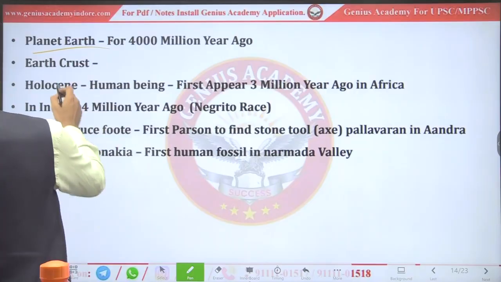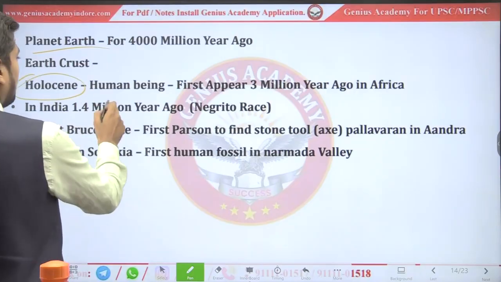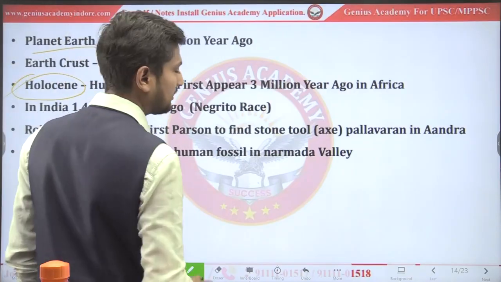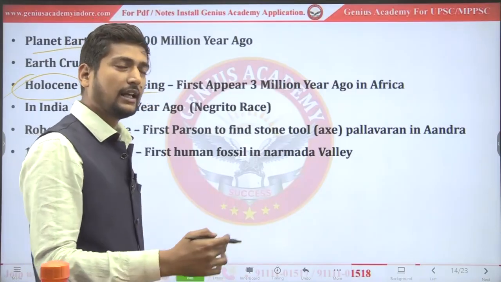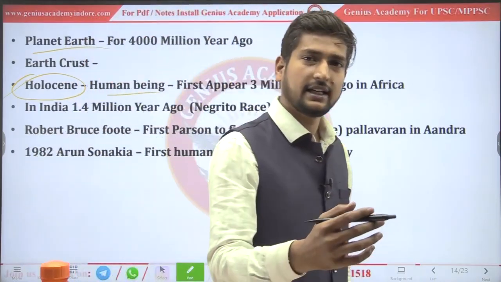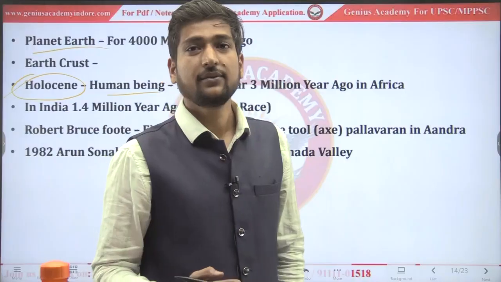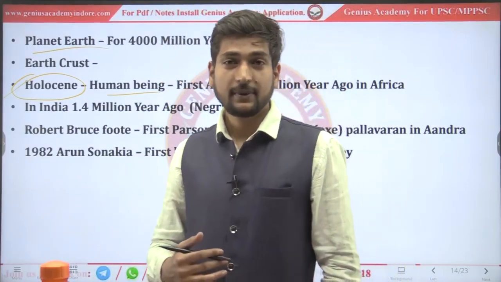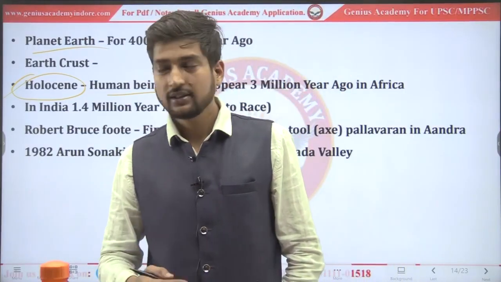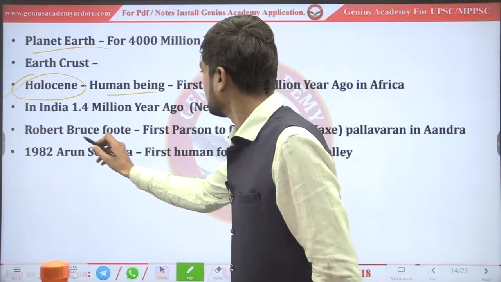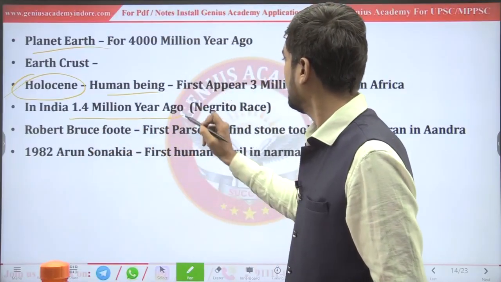Out of these four phases, in the Holocene age, human beings appeared in Africa 3 million years ago. And human beings appeared in India 1.4 million years ago.